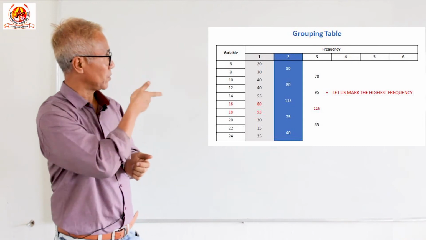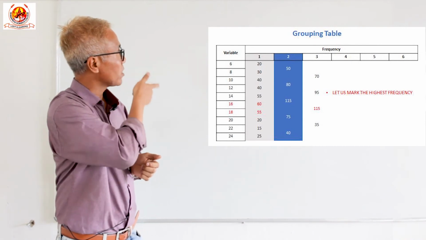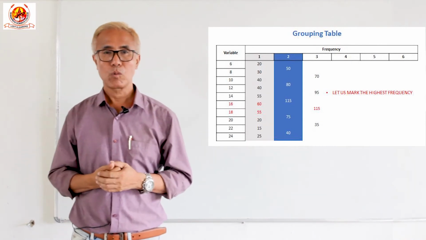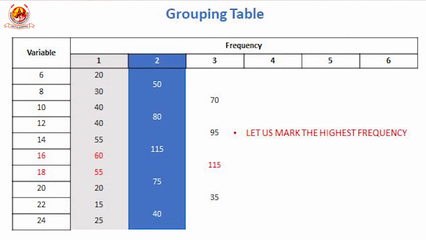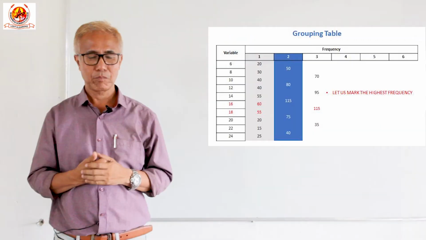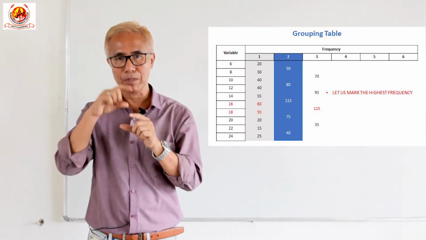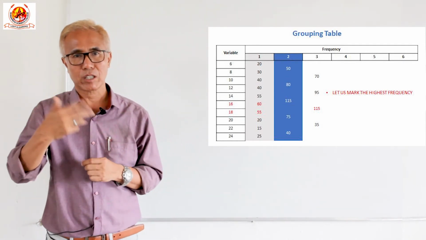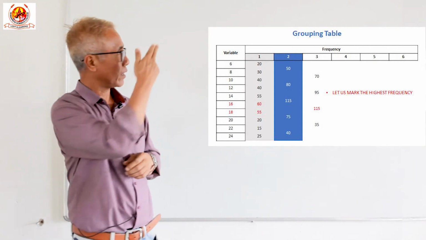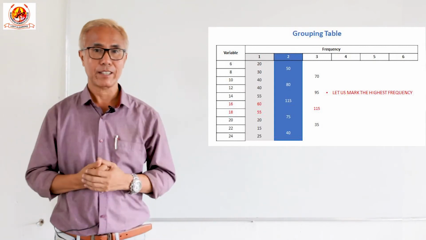Find out which one is the highest value. Here also 115 is the highest value. This 115 is the sum for 16 and 18, and earlier 115 was for 14 and 16. So here in this third column we have completed.